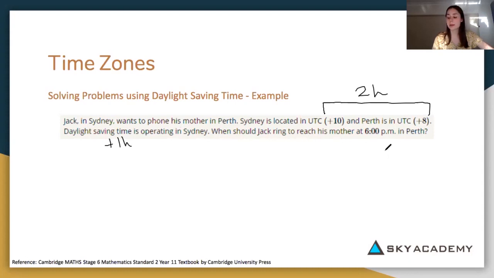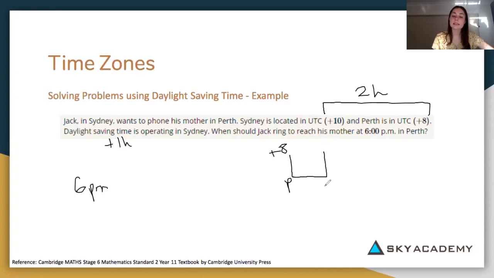So if it is 6 p.m. in Perth, when we want to call his mum, we have to figure out what the time is in Sydney. So we have to do 6 p.m. in Perth, which has a UTC of +8, to Sydney, which has a UTC of +10.